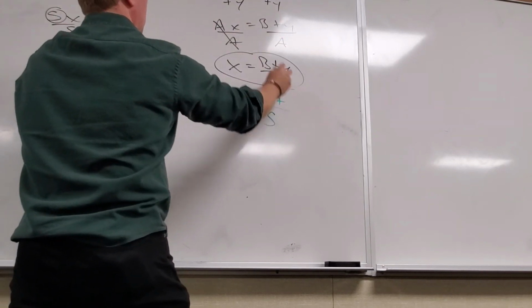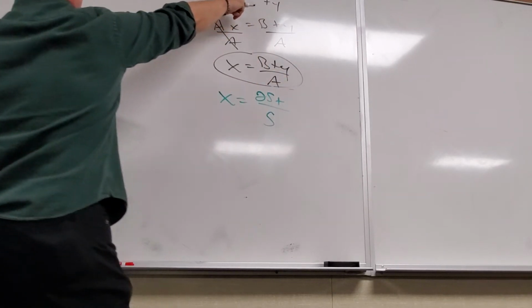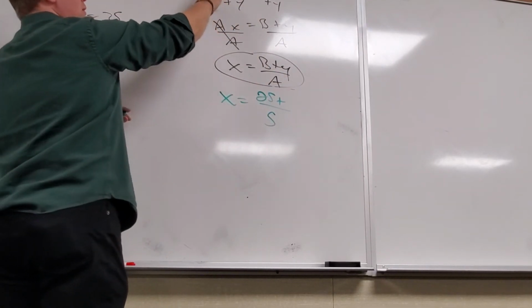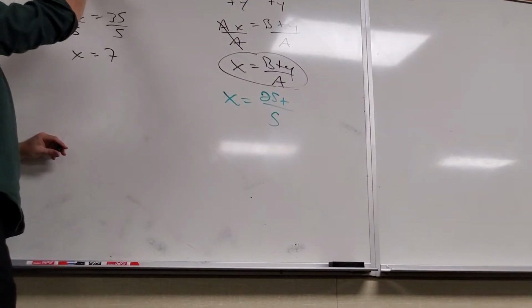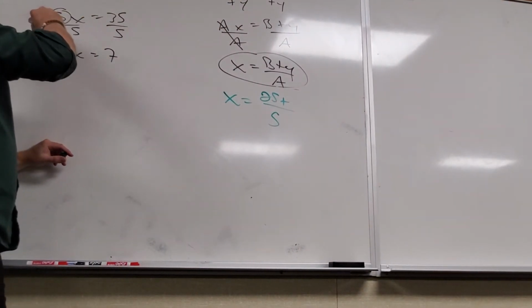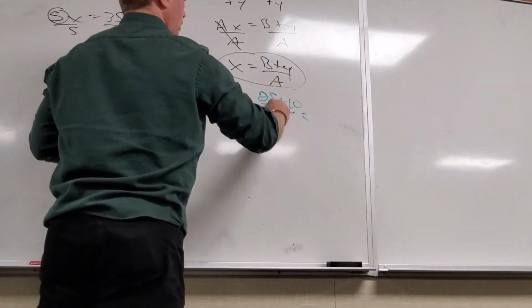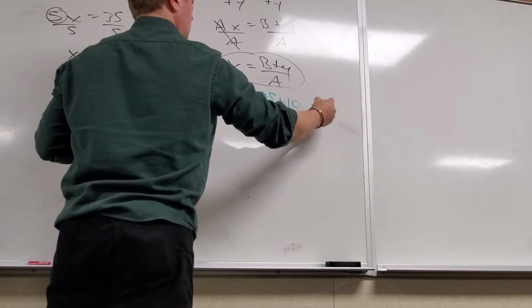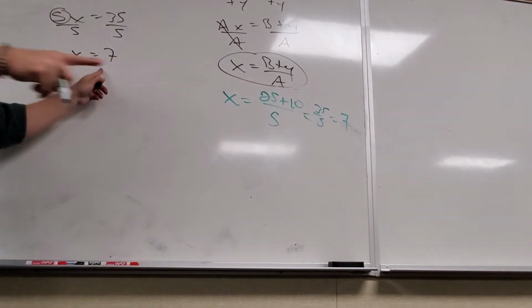And what was Y? 10. Do you see how Y is 10? AX minus Y, 5x minus, that must be Y. And what is 25 plus 10? 35. And what's 35 divided by 5? 7. Freaking 7! Right?